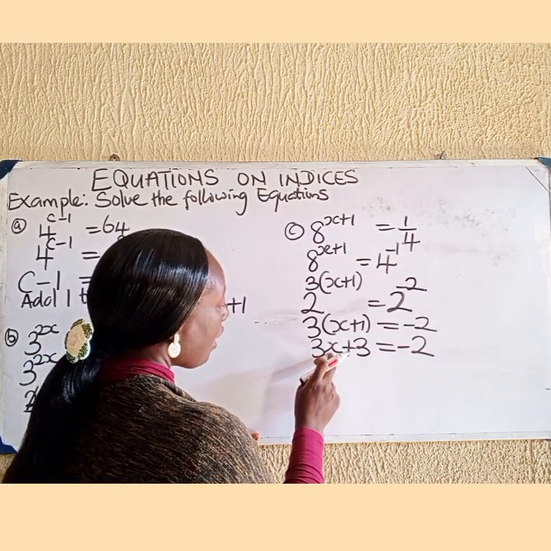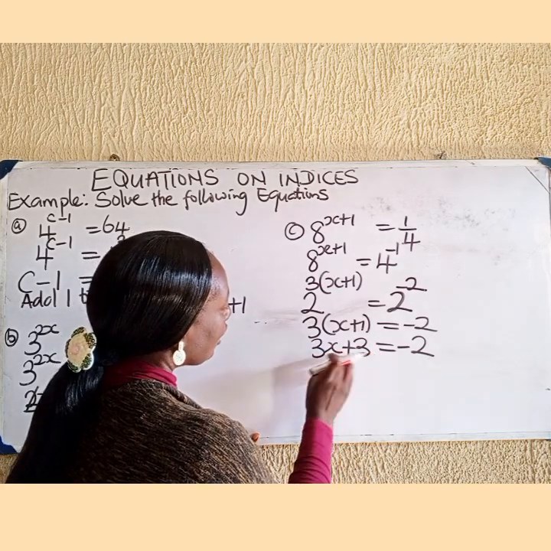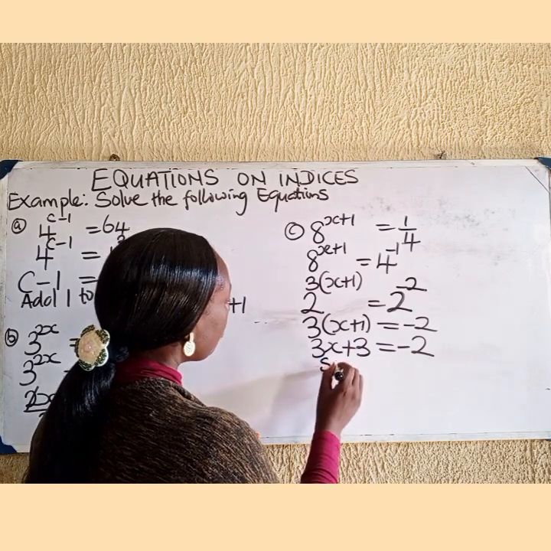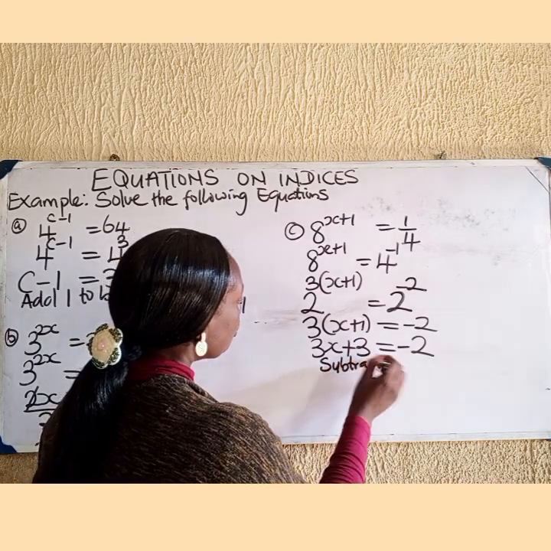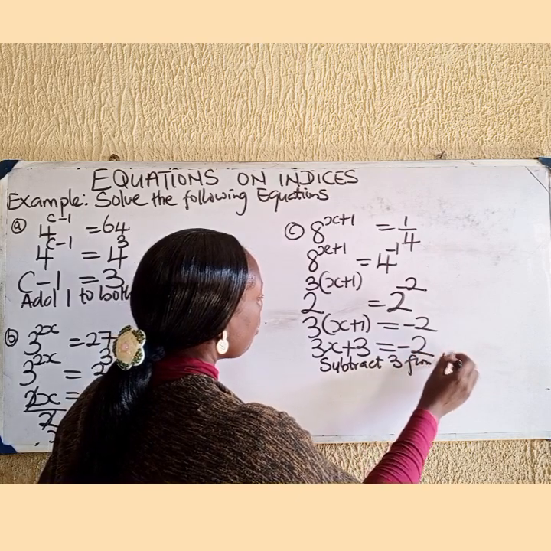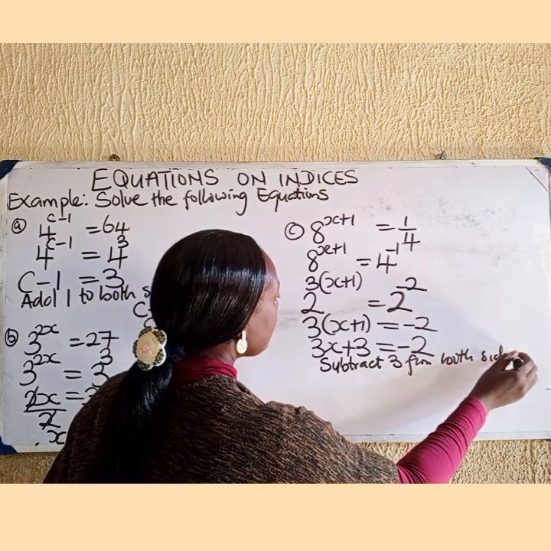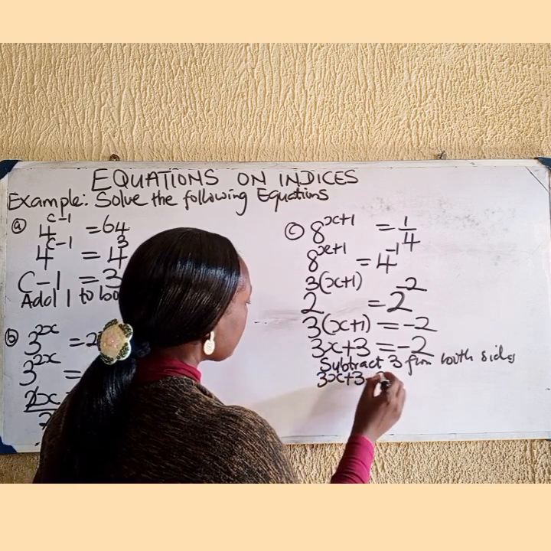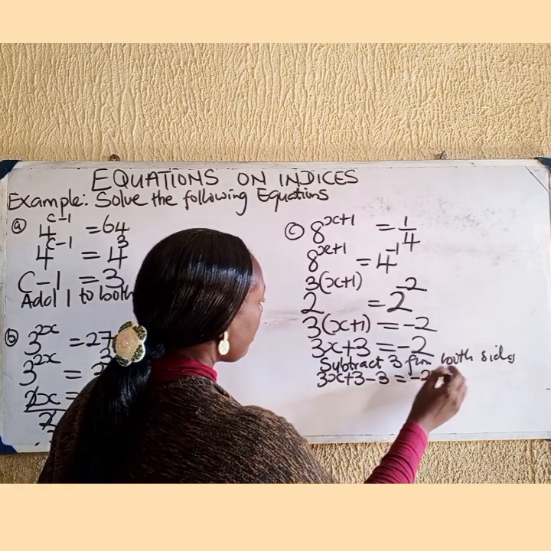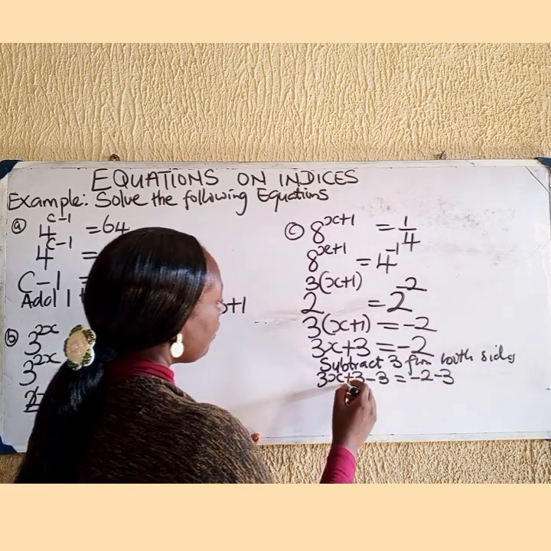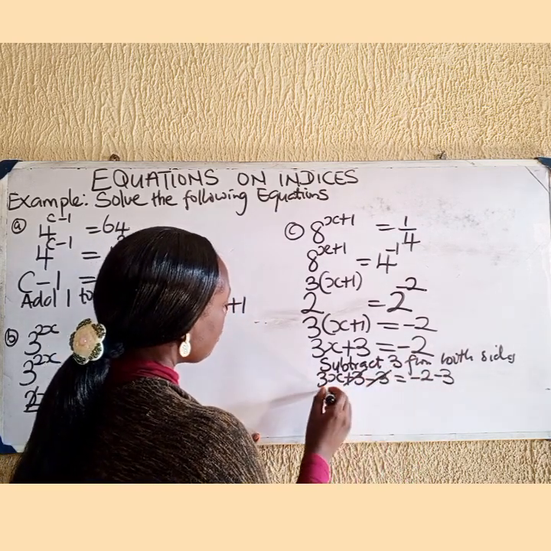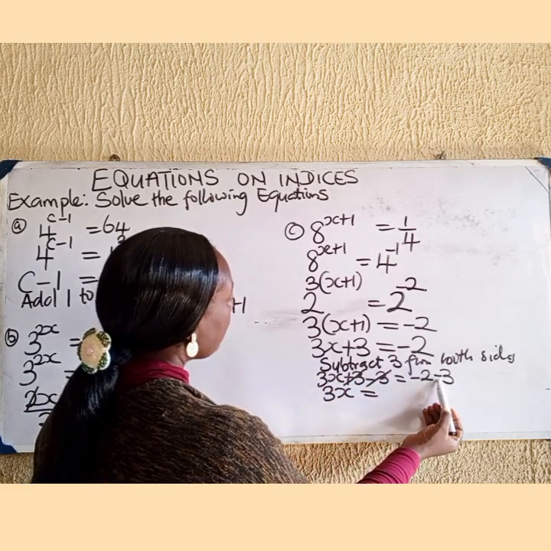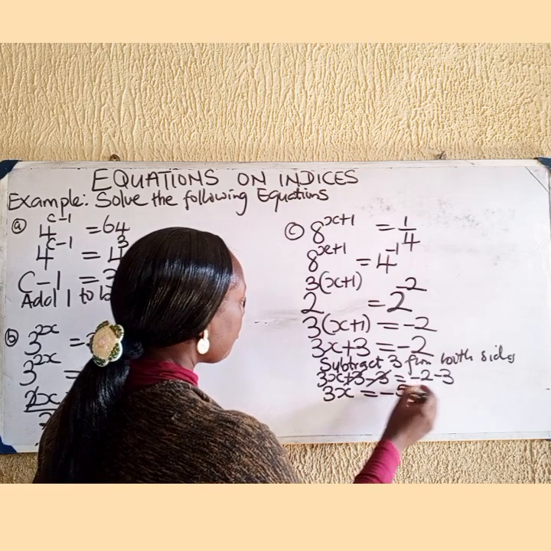Now I'm looking for x, but there is 3 attached to this side. So I have to remove this 3 by subtracting 3 from both sides. So I have 3x plus 3 minus 3 equal to minus 2 minus 3. Then plus 3 will cancel minus 3, so remaining 3x equal to minus 2 minus 3, which will give me minus 5.